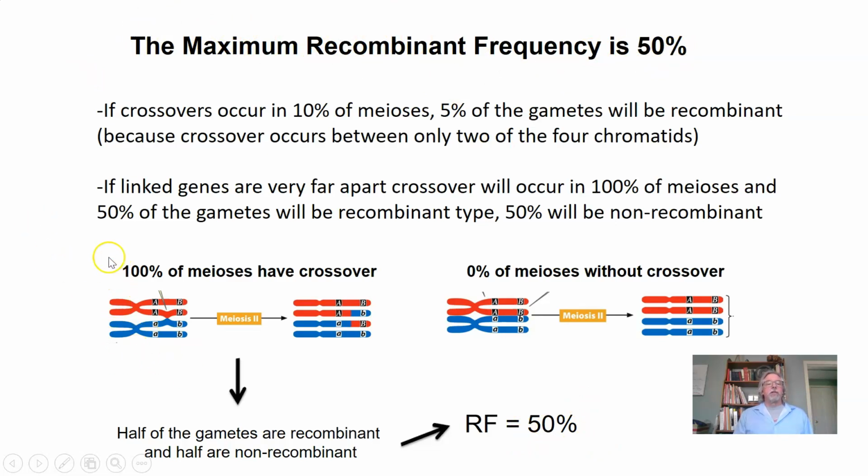And the reason for that is, well, you can't have more than 100% of the meiosis having crossover. So the maximum recombinant frequency, therefore, is 50%.